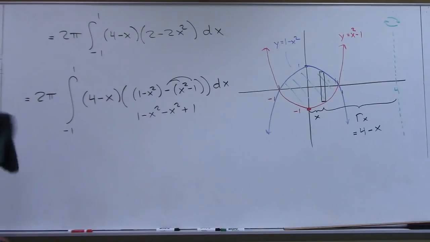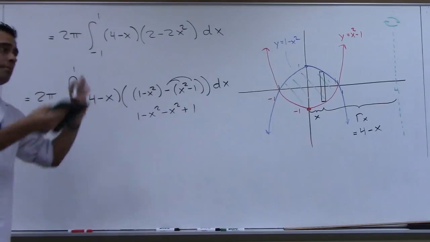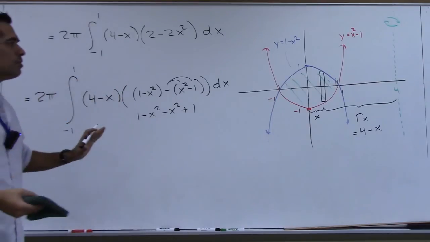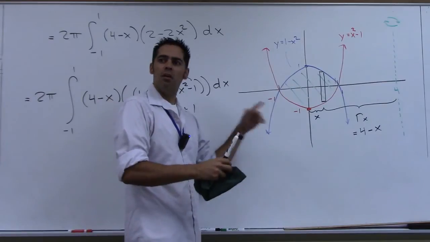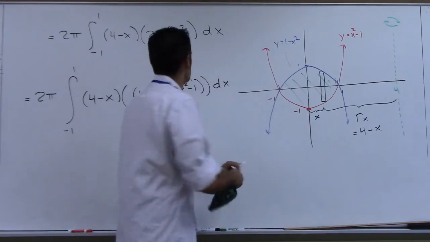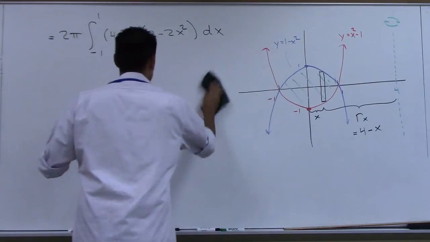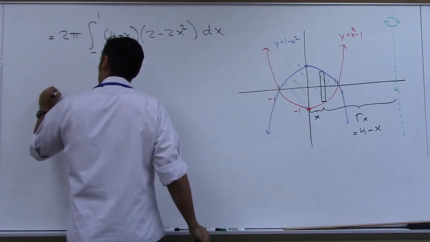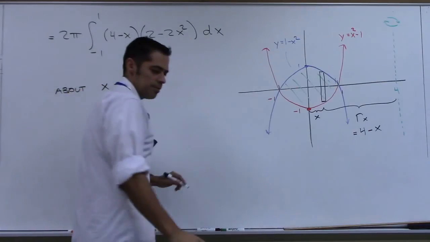All right, now since we have the picture up here, let's do one more problem using the same exact picture. Let's rotate it around a line over here on this side and see how the R of x changes. So how about we repeat the problem, but this time about x equals what? What do you want to use?